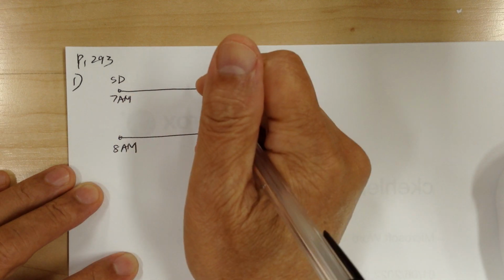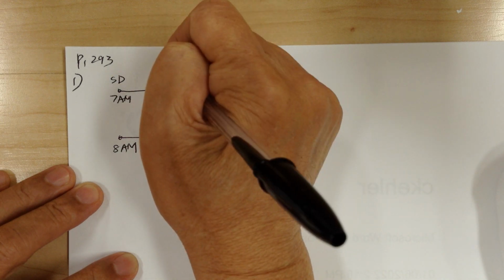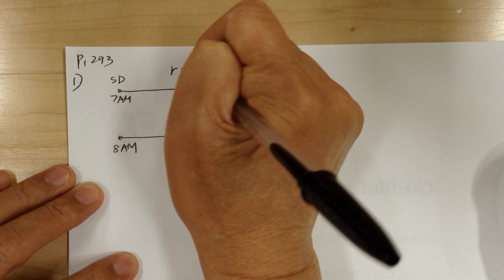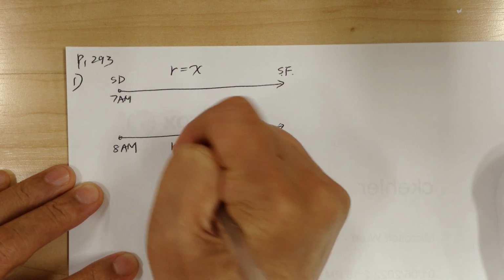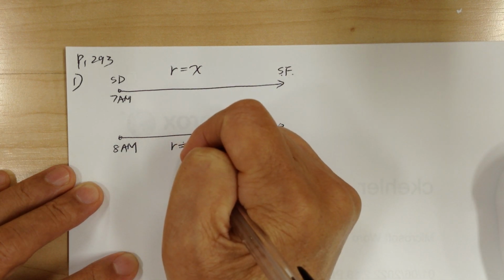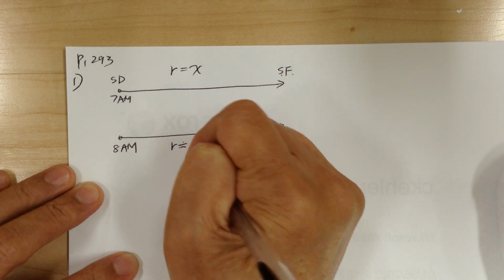They're traveling 9 miles per hour faster, so for this one, the rate R is equal to x, because you don't know it, and this one, 9 miles per hour faster, will be x plus 9.